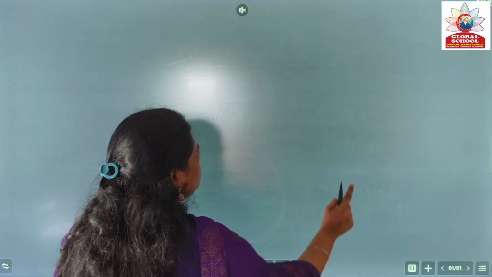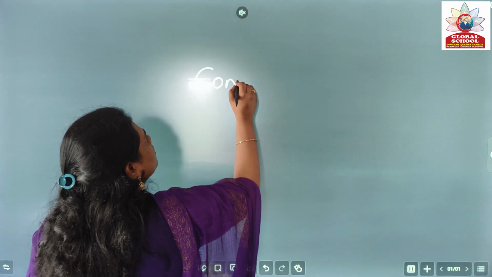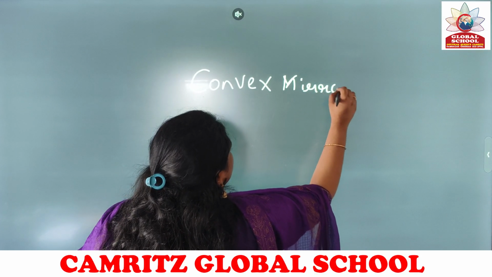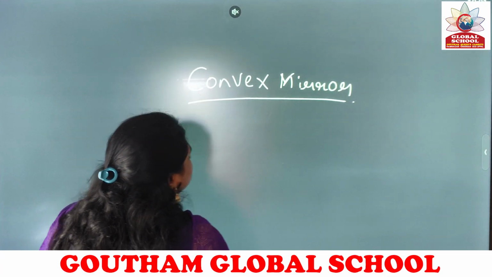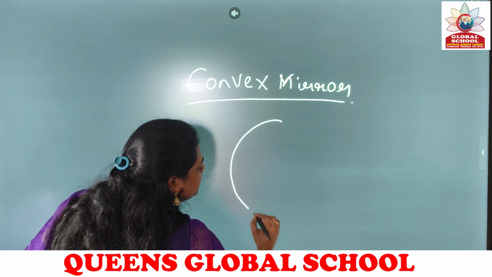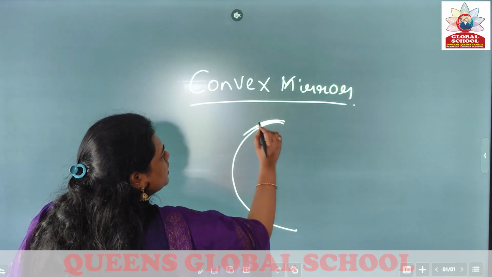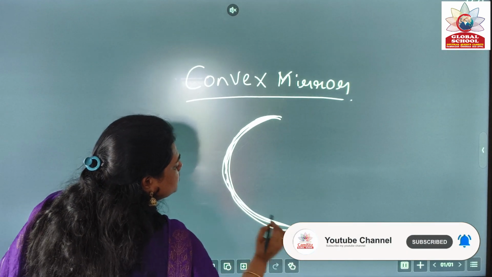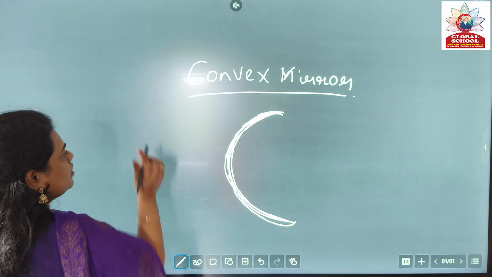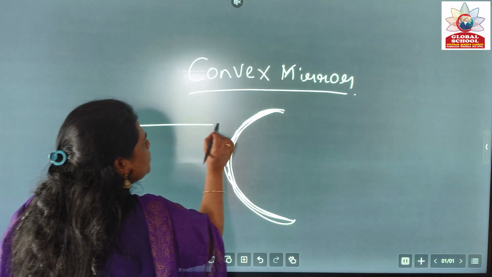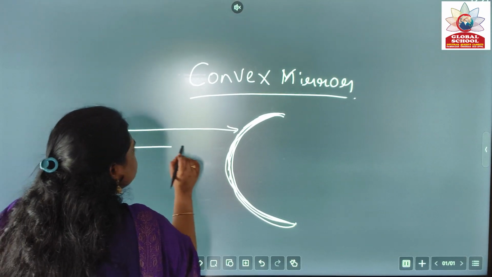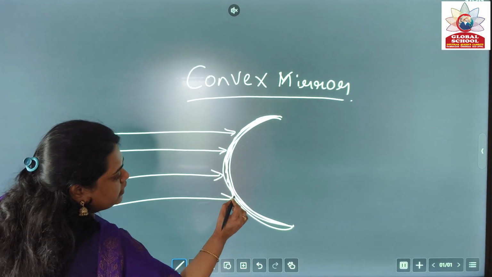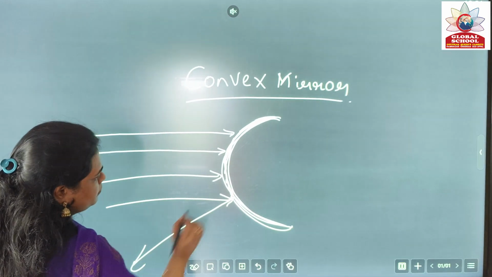Whereas coming to convex mirror, the reflecting surface is outside. This is the reflecting surface. So when the light from a source is hitting the reflecting surface, the light is touching the surface and moving back.